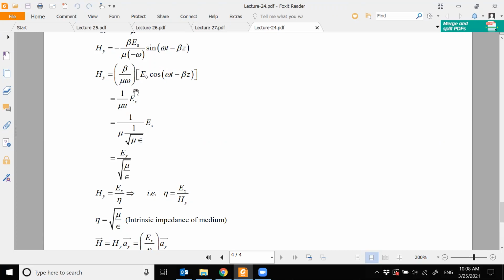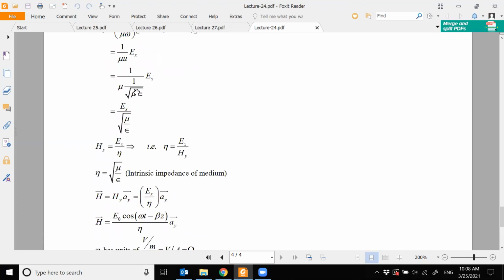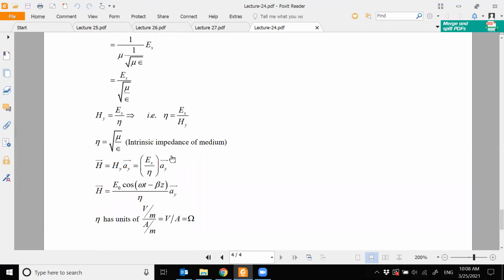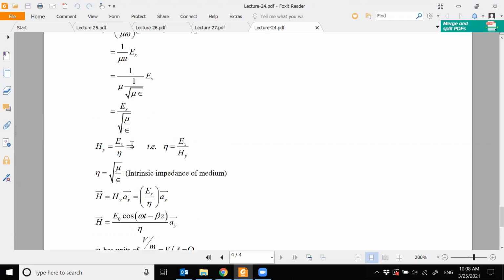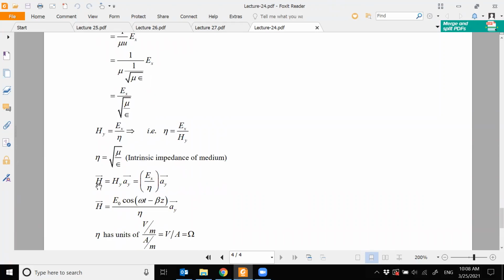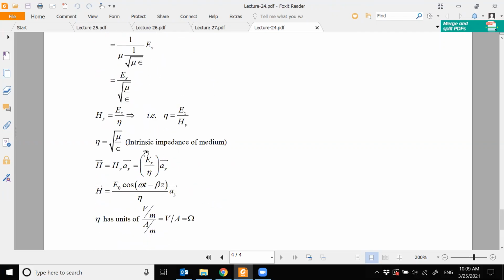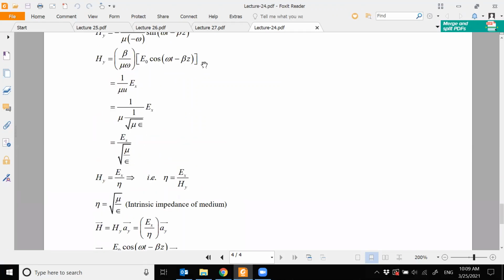And this amplitude, we put under the umbrella of a term called the intrinsic impedance, which is root of mu over epsilon. Therefore, we rewrote the magnetic field as Hy ay equals 1 over eta times, this one, which is nothing but my electric field Ex.